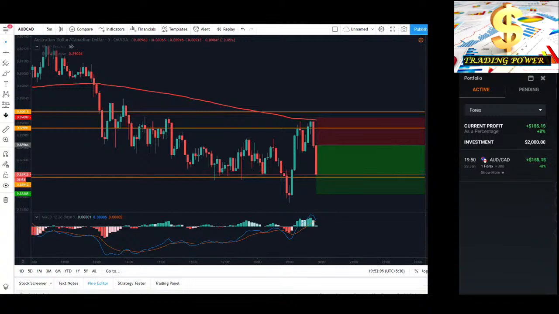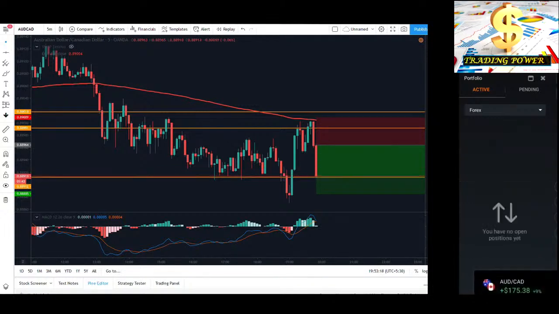It's about to hit the profit target. Here we go. I had to manually exit the trade, but we made a good profit.